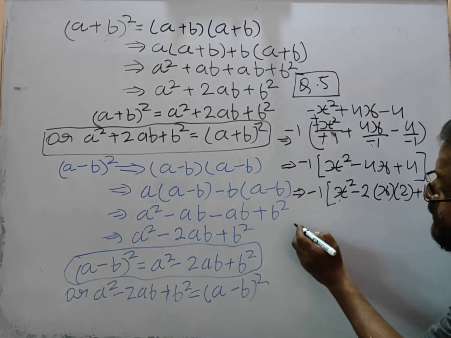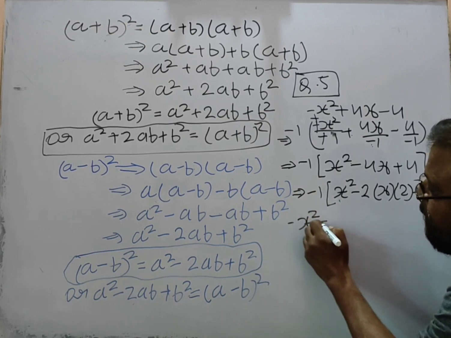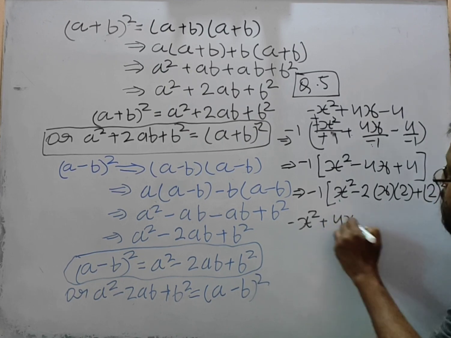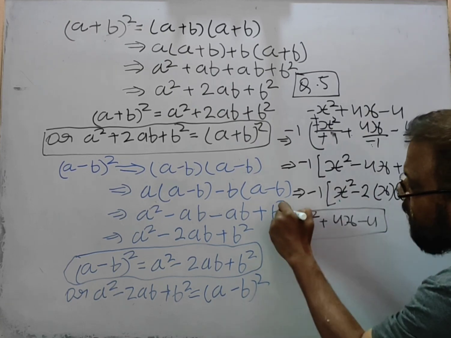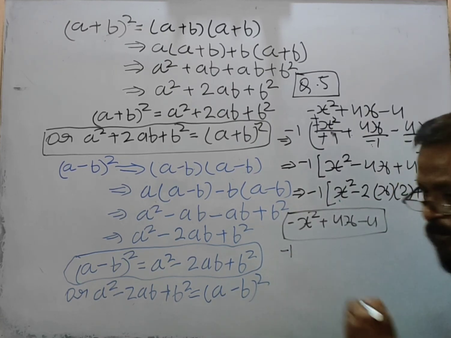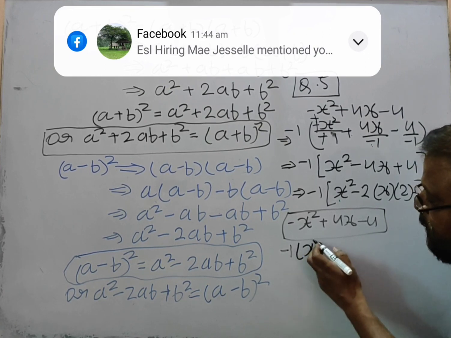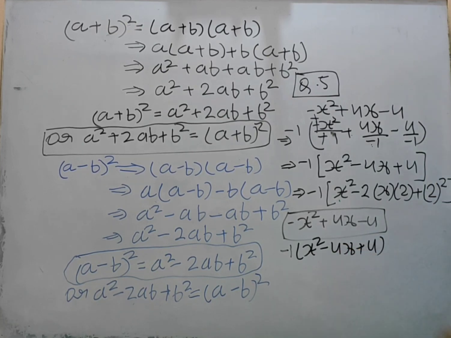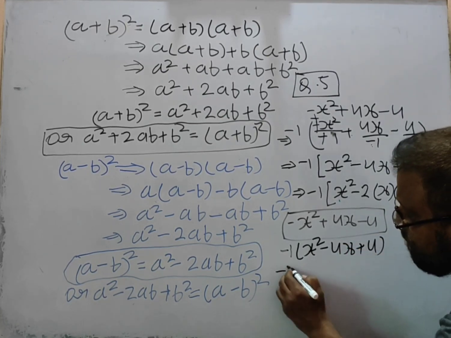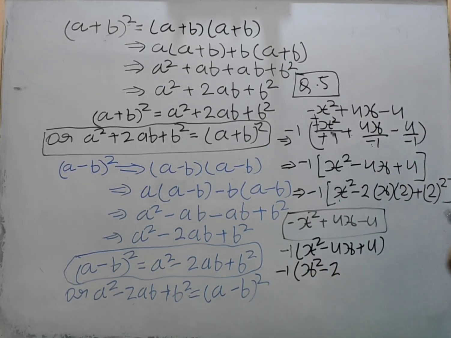The question is minus x squared plus 4x minus 4. Right? This is the question you have. What I do, I take minus 1 as a common, and then I write x squared minus 4x plus 4.